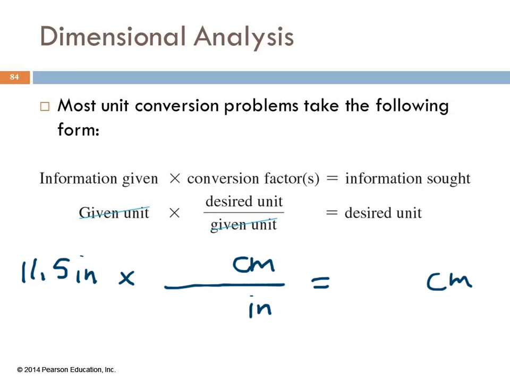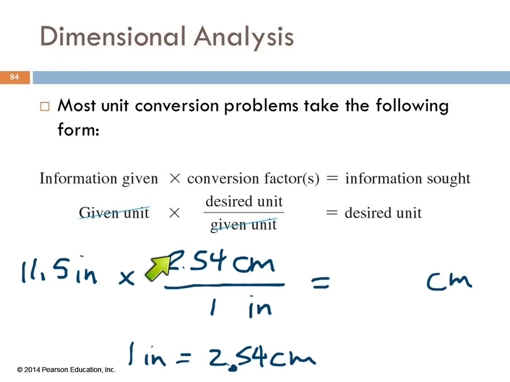What's the relationship between inches and centimeters? 1 inch is 2.54 centimeters. So we look it up, and it's going to usually be shown in that form. So 2.54 is with the centimeters, and 1 is with the inch.